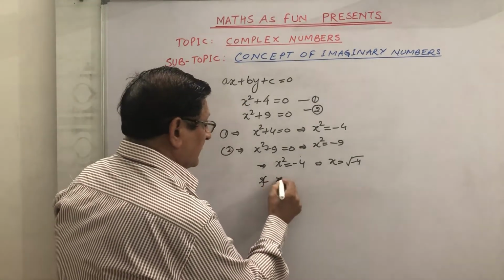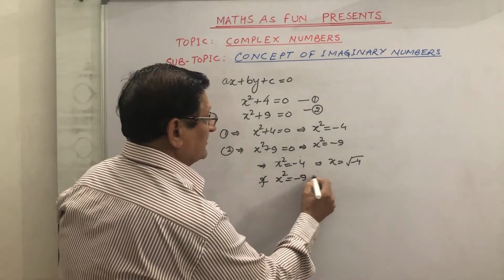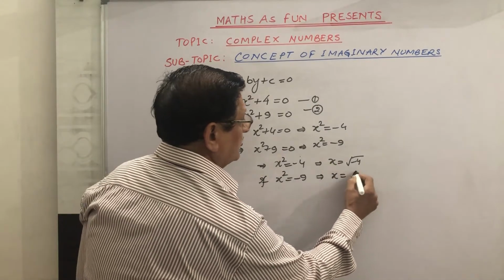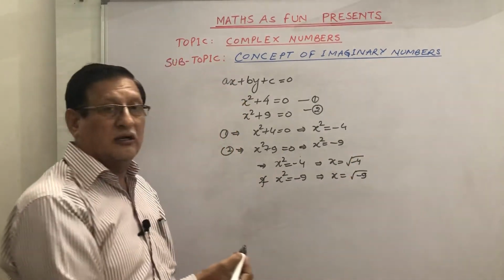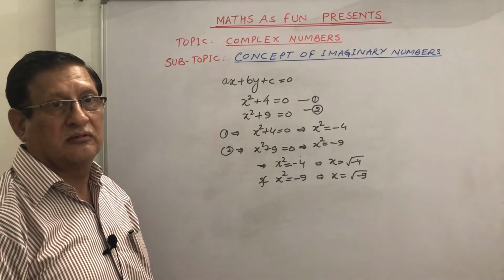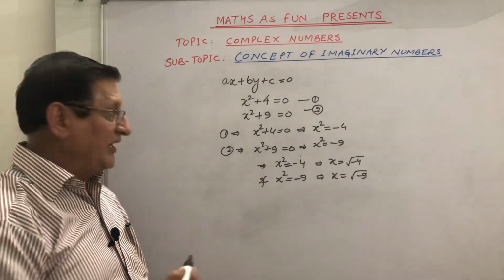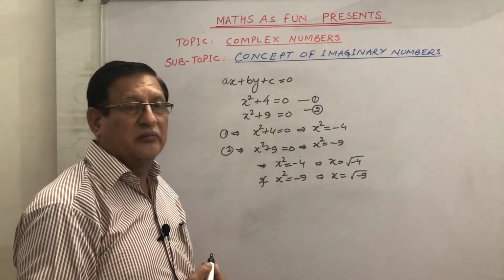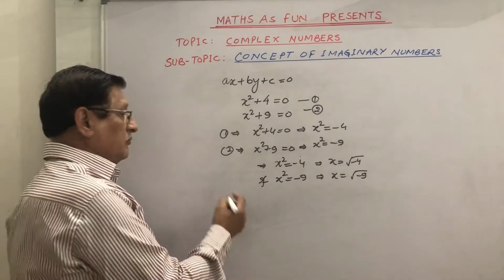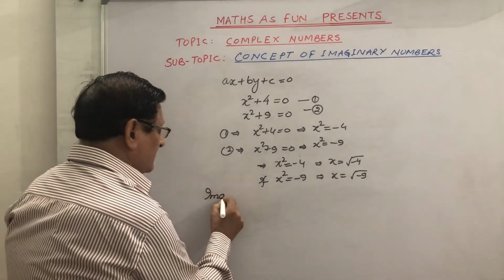If x square is equal to minus 9, then x is equal to root of minus 9. How to represent that? Then we thought of imaginary numbers. What is an imaginary number? Let's learn.